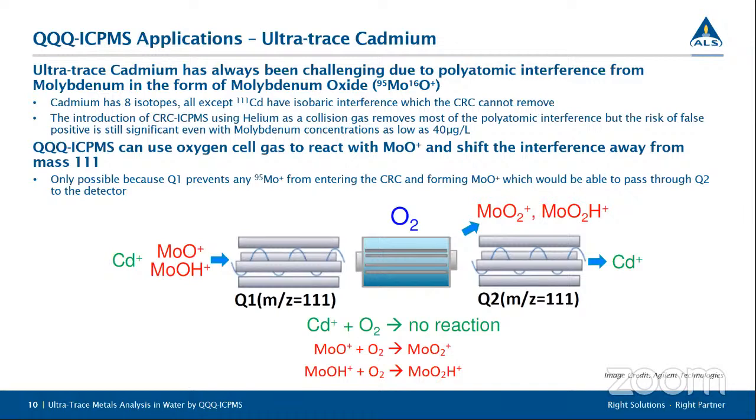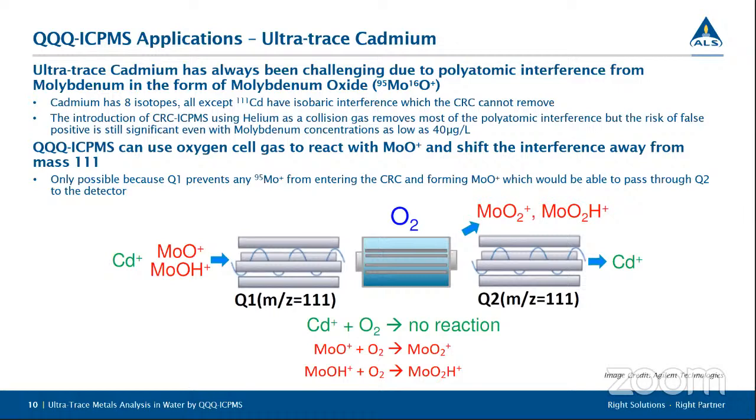However, ultratrace cadmium analysis has always been challenging due to polyatomic interference from molybdenum in the form of molybdenum oxide. Cadmium has 8 different mass isotopes, and all of them except for cadmium-111 have an isobaric interference from other elements. An isobaric interference is when an interfering element has an isotope of the same mass as the target element.